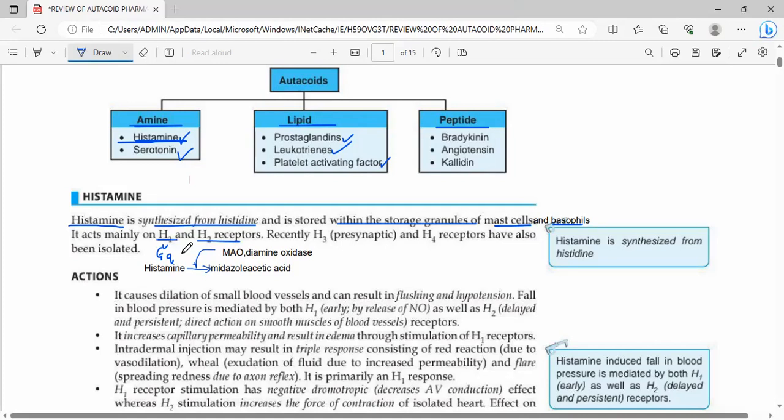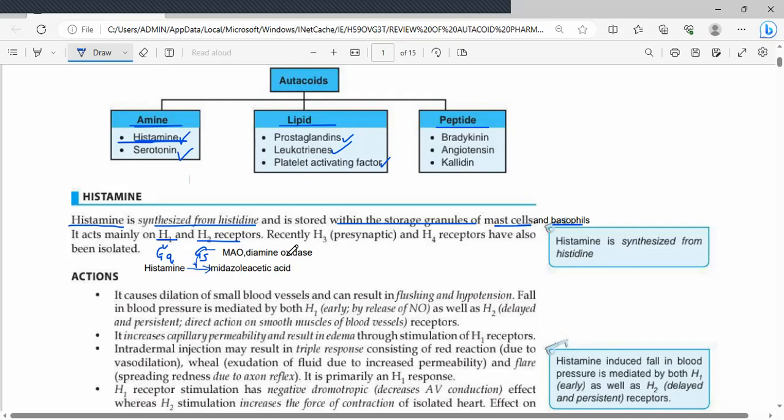H2 are GS coupled. GS in that its activation will result in the activation of adenylate cyclase and result in an increase in the cyclic AMP in the cell. The H2 receptors are found in the gastric mucosa, the cardiac muscles, also in the brain.